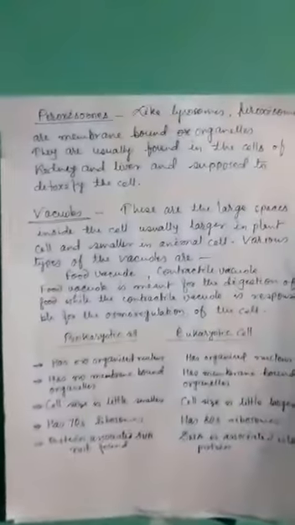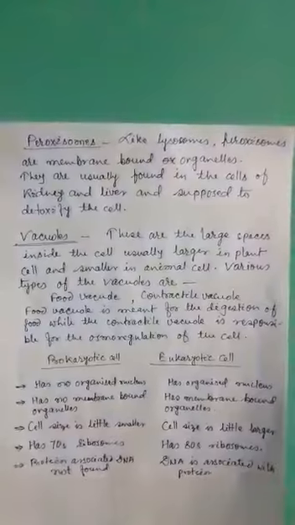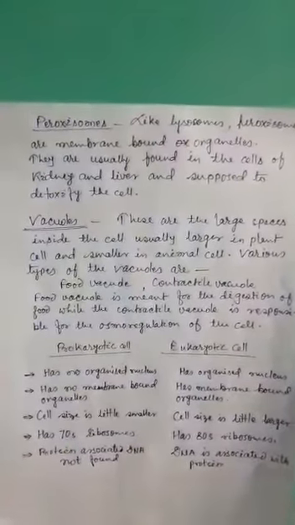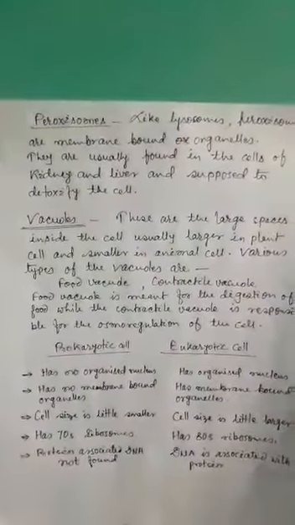Thereafter, another cell organelle is the peroxisome, like lysosome. Peroxisomes are membrane-bound cell organelles. They are usually found in the cells of liver and kidney and are supposed to detoxify the cell. Vacuole is another organelle inside the cell.